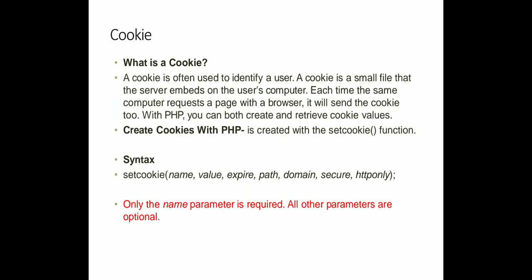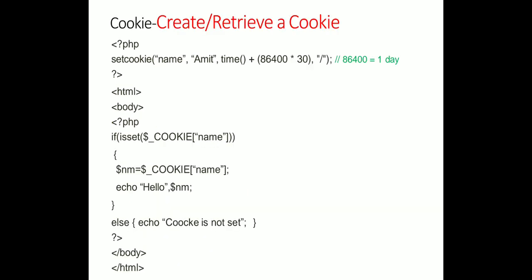The name parameter is compulsory here, all other parameters are optional. So which are the parameters? We'll again revise. setcookie is a function and it holds the parameters like name, value, expire, path, domain, secure and httponly. In that, the name parameter is compulsory while the other parameters are optional.